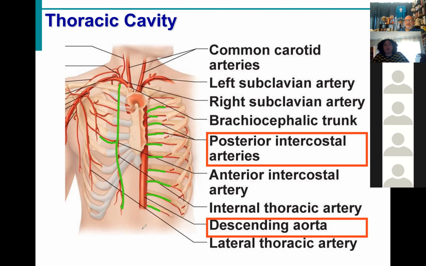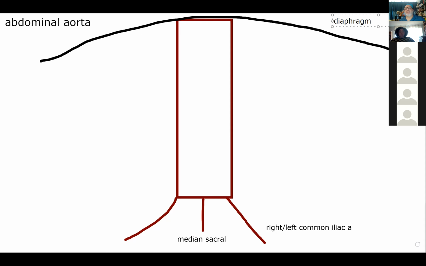So now that we have that, we can start working our way inferiorly and identifying the blood vessels of the abdominal aorta. Now, the first thing we have to figure out is if a blood vessel is paired or unpaired. So let's talk about the very first blood vessel.